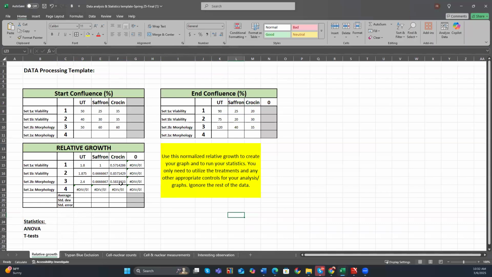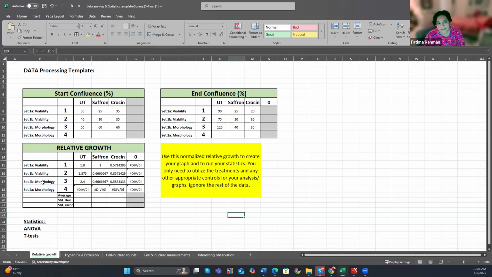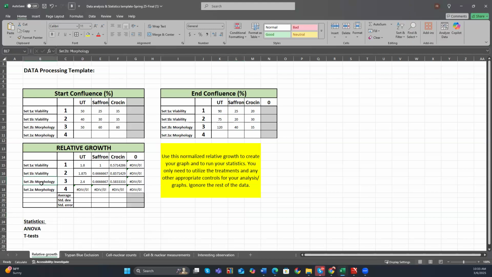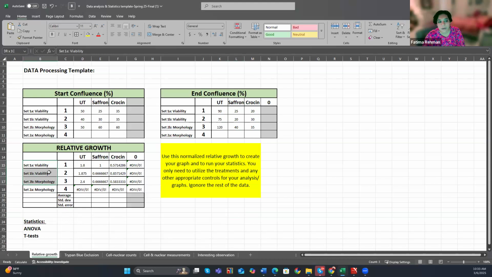But that's what you want. Oh, I see. Thank you. So that's your set 2. That's the one for the morphology analysis for the cover slip. And then set 1 is the 6-well plate with the 2 duplicates.